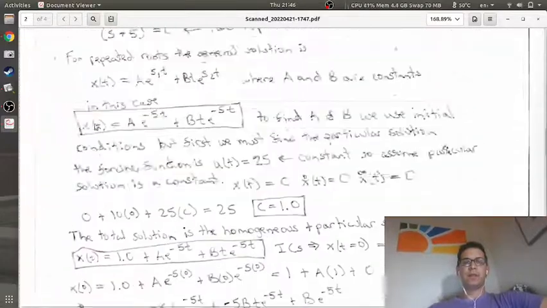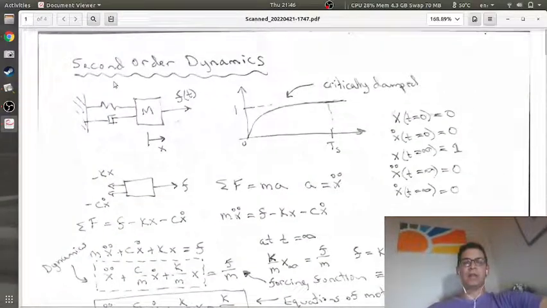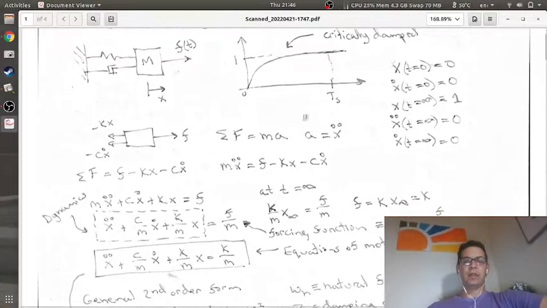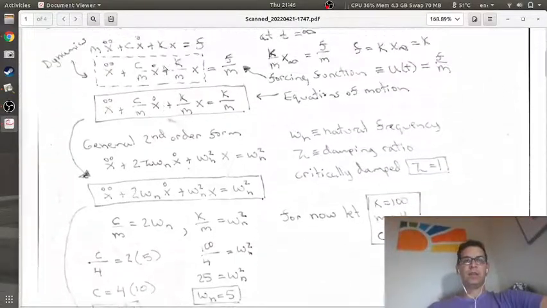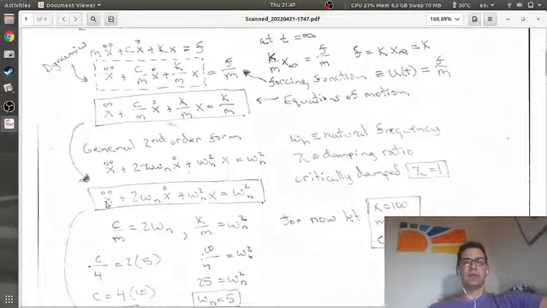So to recap, we had our second order system here. That's a spring mass damper that oscillates. We looked at the equations of motion, Newton's second law, summed the forces on the body, put the entire thing together, found the forcing function in steady state, and converted the entire system to a general second order system with a critically damped system where zeta is 1.